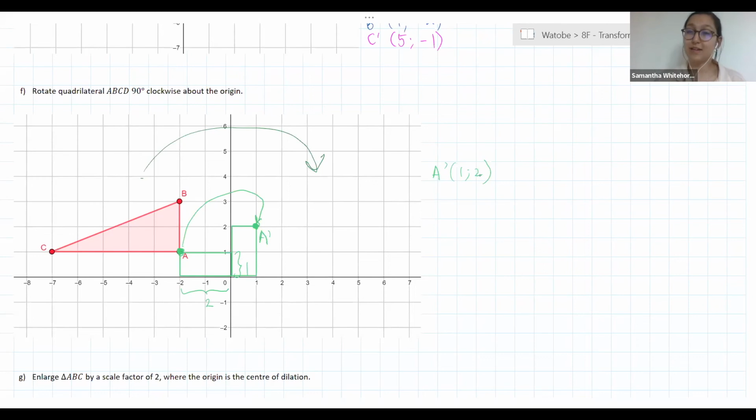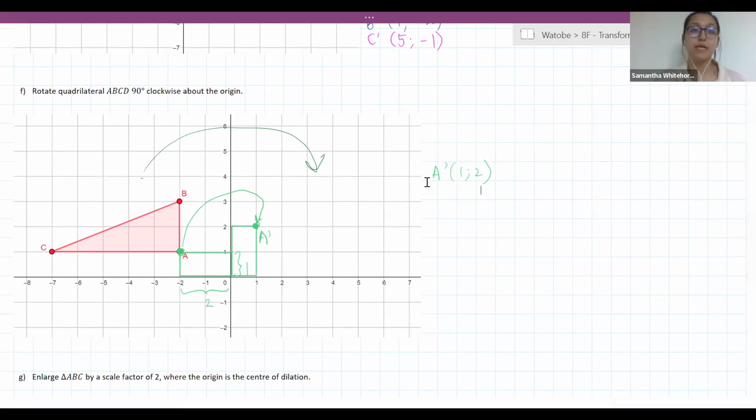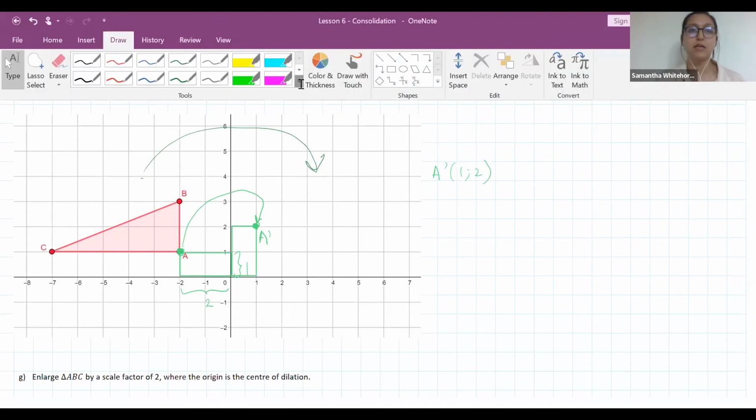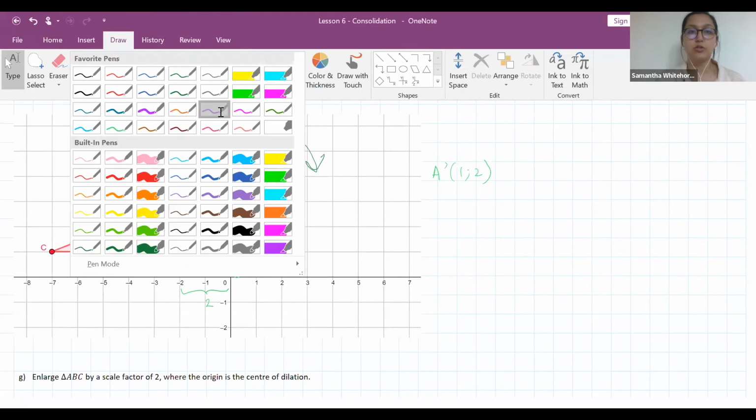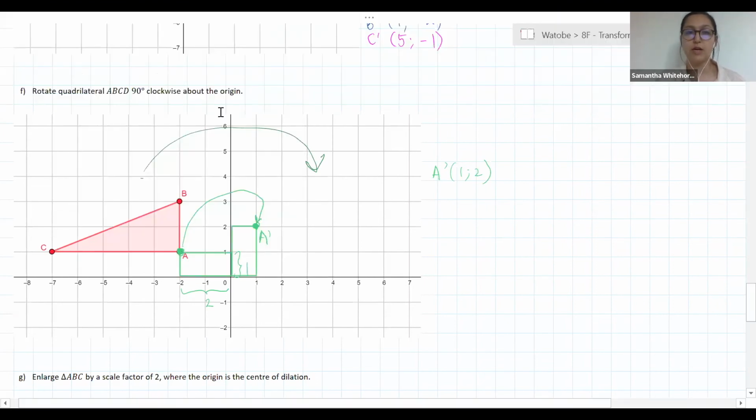Right, would anyone like to try? Tell me where coordinate B dash is going to be. You can take a second if you need to give it a try and see if you can work out where B dash is going to be. Nice. Wangi, do you want to tell me?